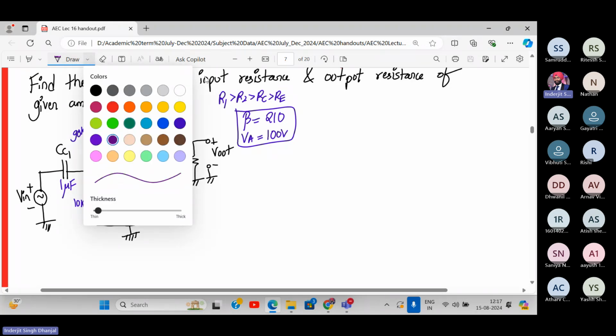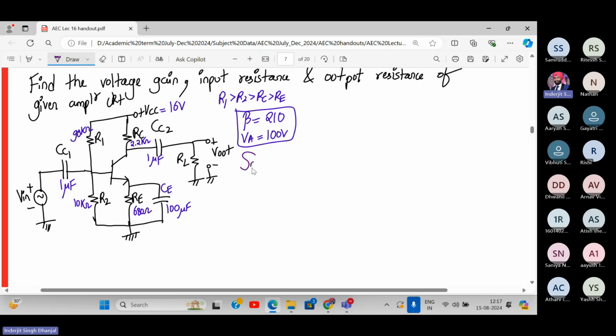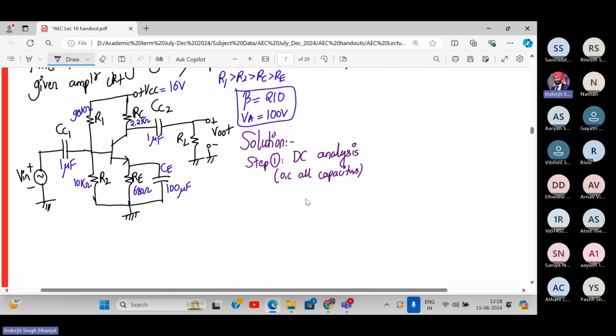Okay, I'm starting now. So let's start with the solution. Write down step number 1, DC analysis. What do you do in DC analysis? All capacitors are replaced by open circuit. So what will the circuit look like?